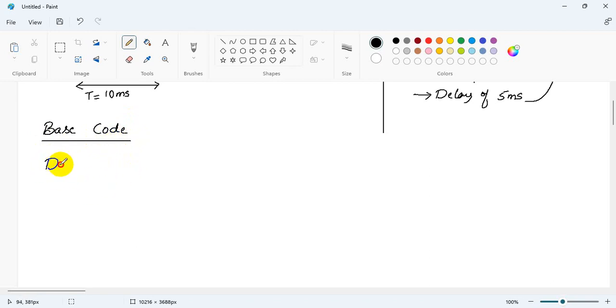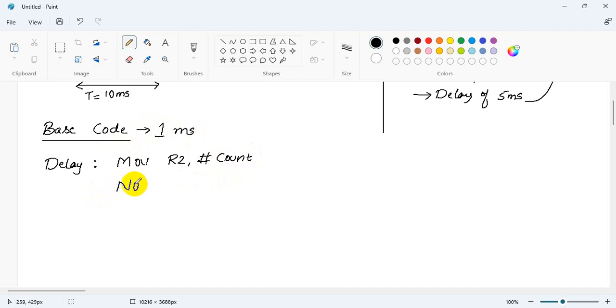Let me call the delay as delay, and I am putting a count, MOV R2, #count. I don't know how much count has to be put, but I'm planning this. What I'm planning is I'm writing a base code for 1 millisecond.